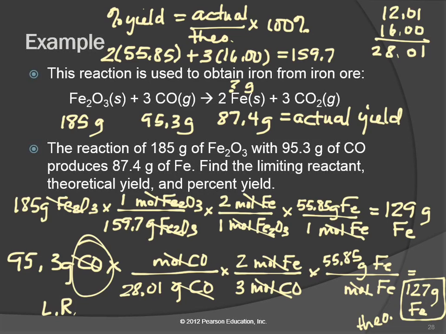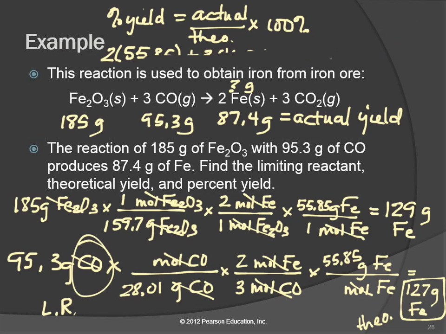Percent yield. Well, I'm going to have to erase something to give myself some space up here. We have the theoretical yield. They gave us the actual yield. We're going to put these into the equation.